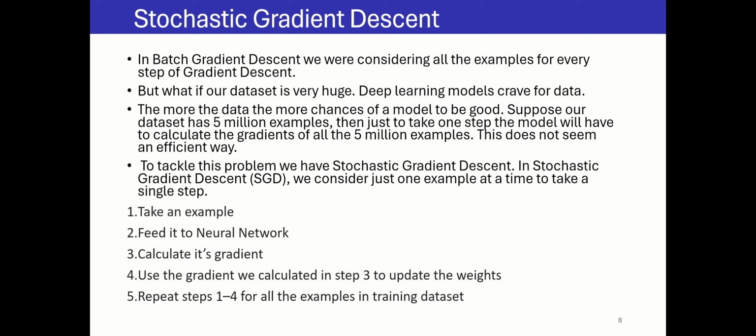Stochastic is nothing but the same gradient descent, while taking one example for the training and checking the gradient based on that one example, then applying the same gradient for all. We take one example, feed it to the neural network, calculate its gradient, then update the weights.